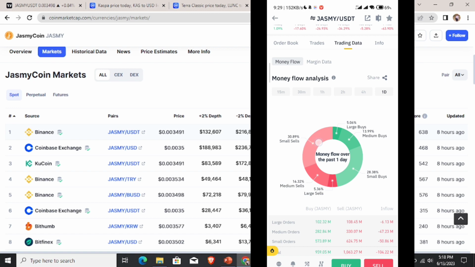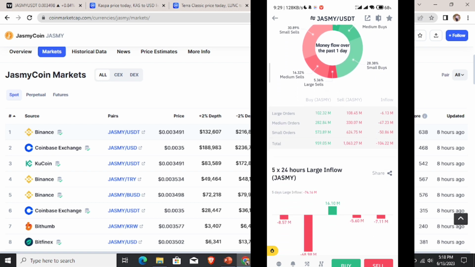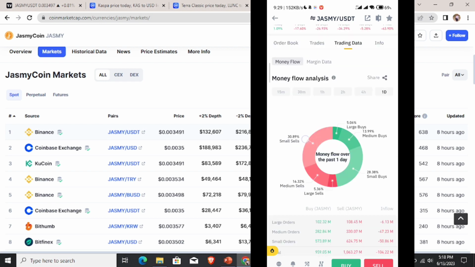And then when you go to the sell transactions, you see small sales about 30.89%. You see medium sales about 16.32%. And then you would see large sales about 5.36%. So the sales are higher than the buys.